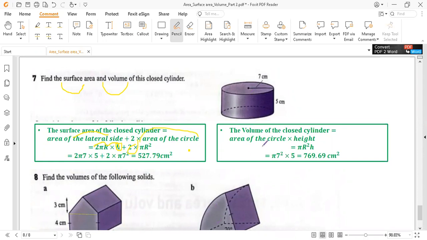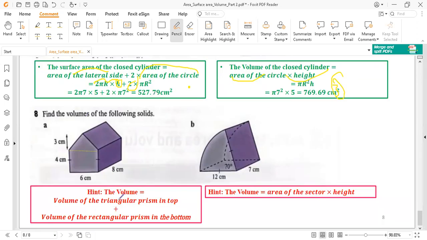How about the volume? The area of the circle by the height is pi r squared by h. So it is equal to 700 centimeters cubed, because the unit of volume is different from the unit of area, and the unit of area is different from the unit of length. So centimeter cubed.